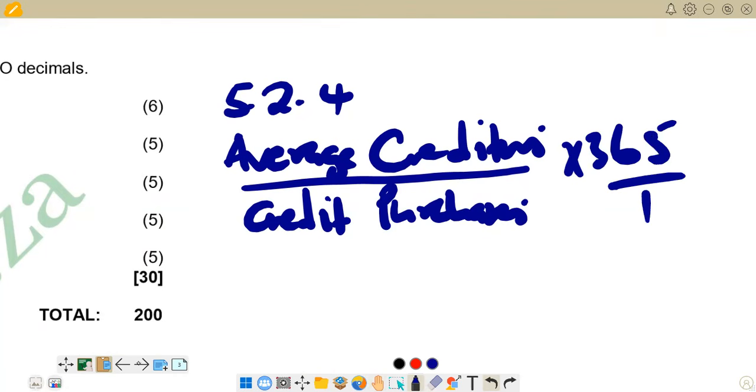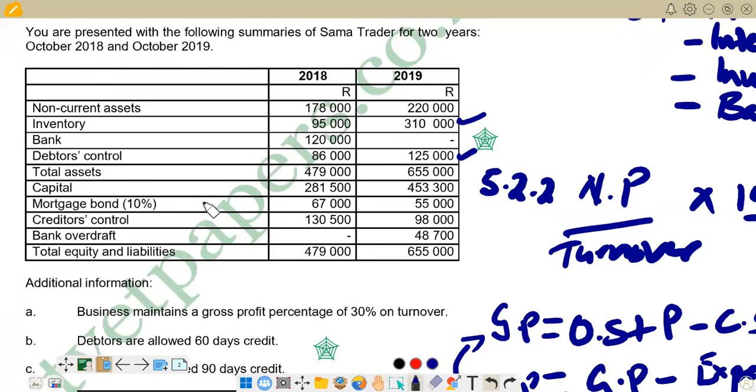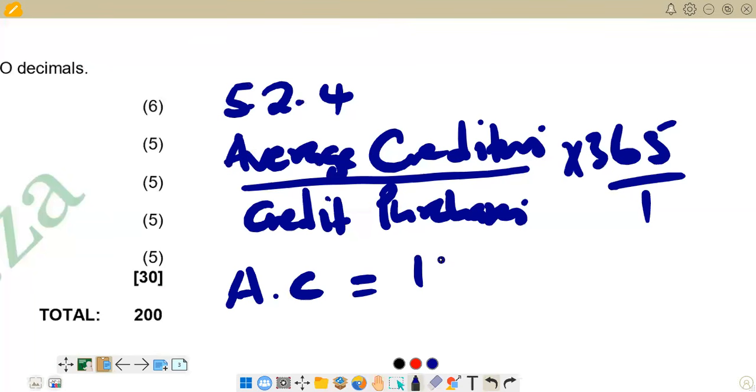So on average creditors, again, we are first of all going to calculate the figure for average creditors. We are going to add the two figures that we have there for creditors control, and then divide by 2 to get the average. We are having 130,500 as the opening plus 98,000 as the closing. Then we divide by 2 to get the average. So we come here again, we are saying 130,500, and then we add 98,000 here.